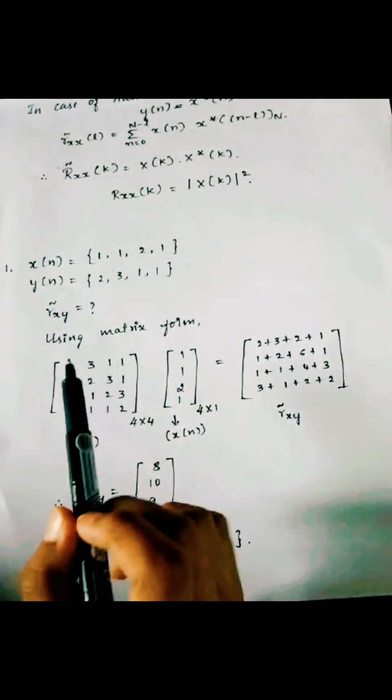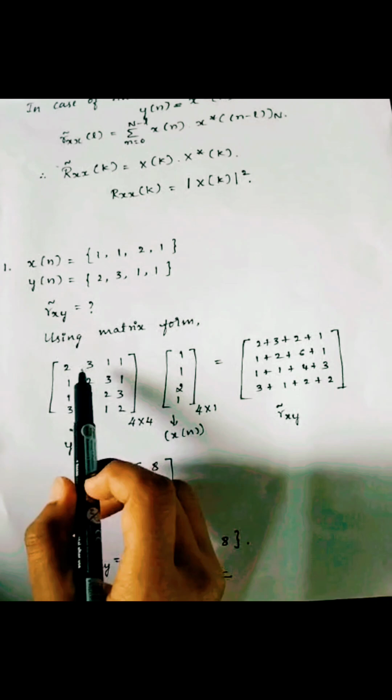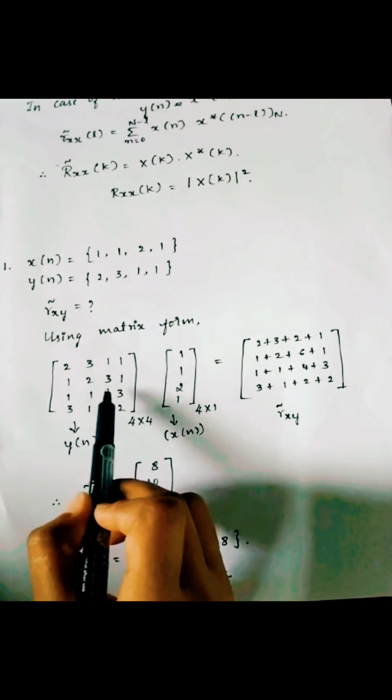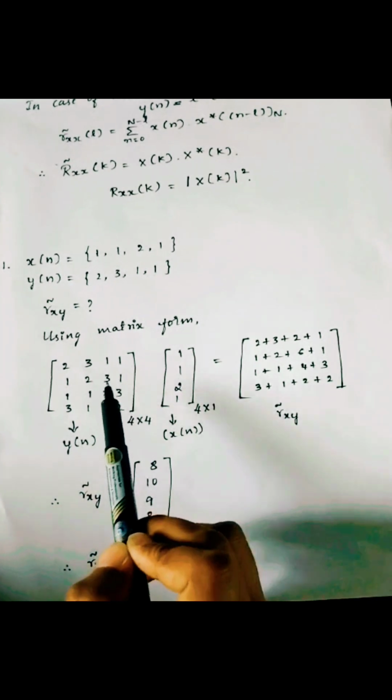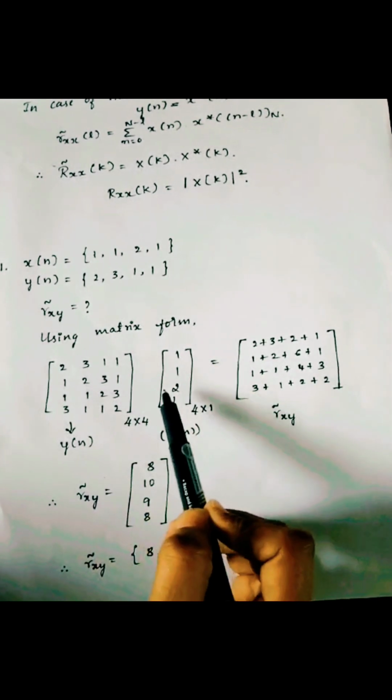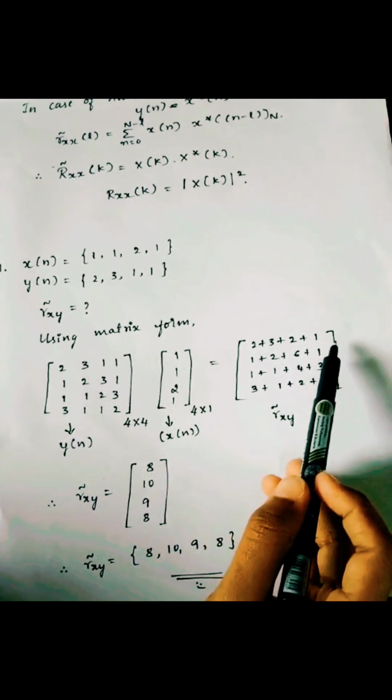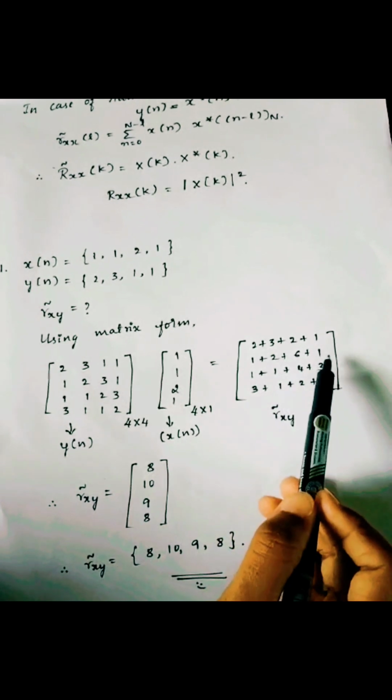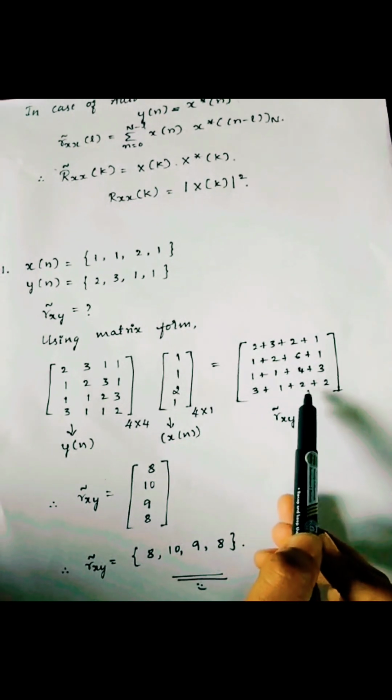Fill the first row as it is given in the problem, and for the next row, the last element goes in the first column and the other 3 elements shift clockwise. Fill the other 2 rows in the same way and multiply these two matrices. The multiplication gives 2 plus 3 plus 2 plus 1, 1 plus 2 plus 6 plus 1, 1 plus 1 plus 4 plus 3, 3 plus 1 plus 2 plus 2.